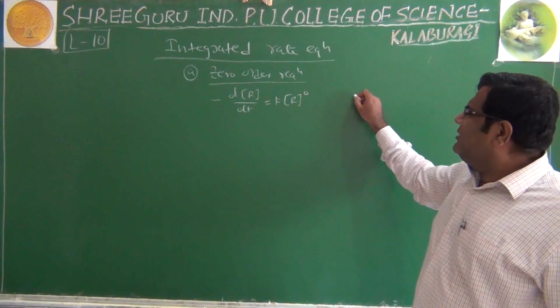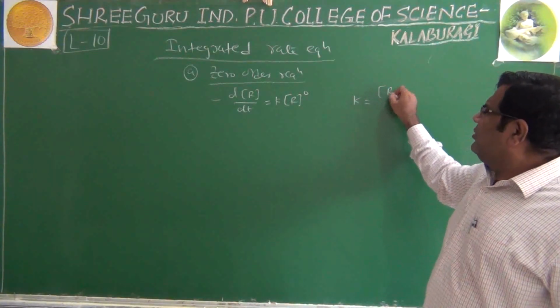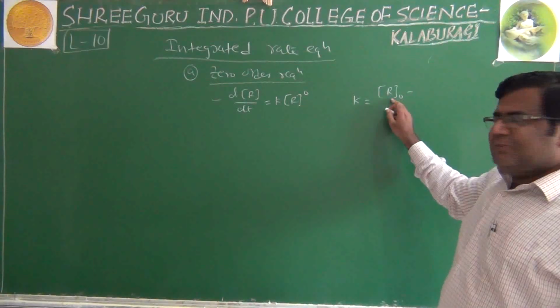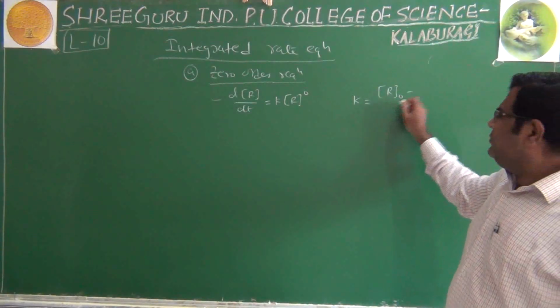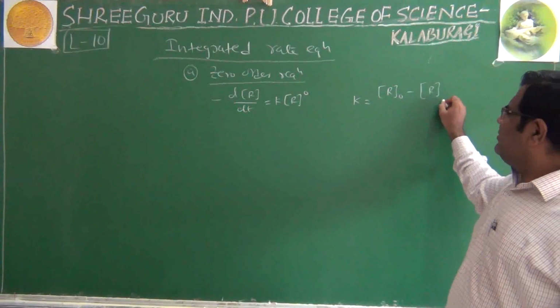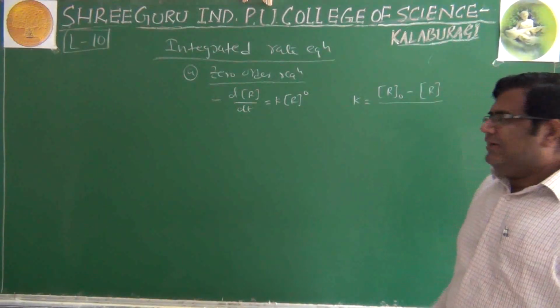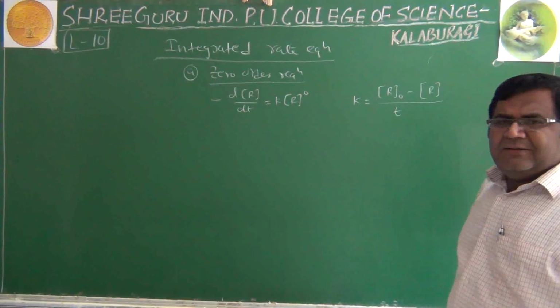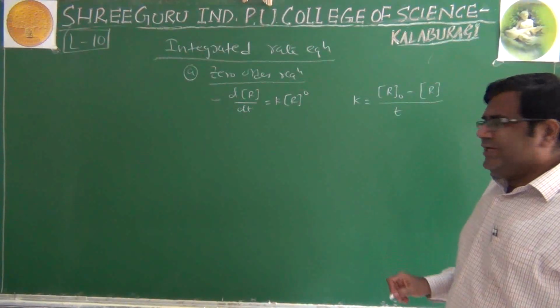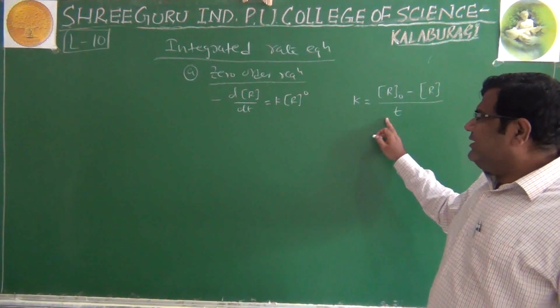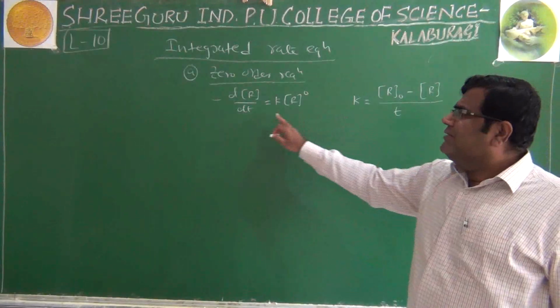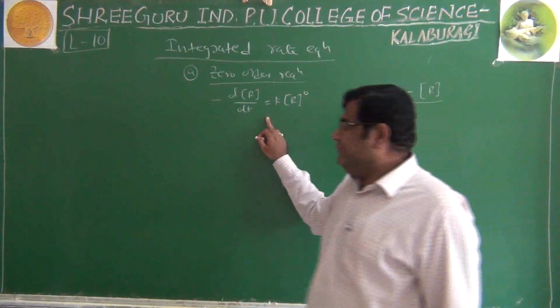And we got K equals the initial molar concentration of the reactant at T equal to 0, minus the molar concentration of reactant left at time T, divided by the time duration for which the reaction is carried out. This is the integrated rate equation and this is the differential rate equation.